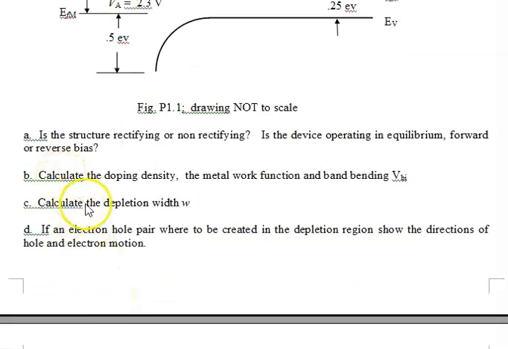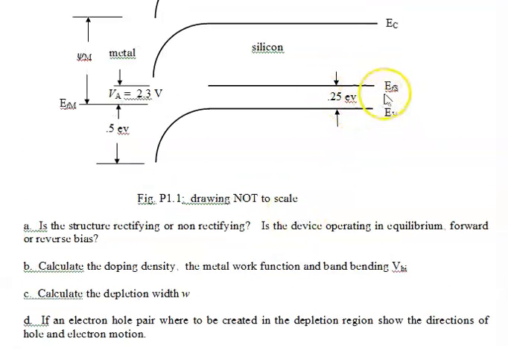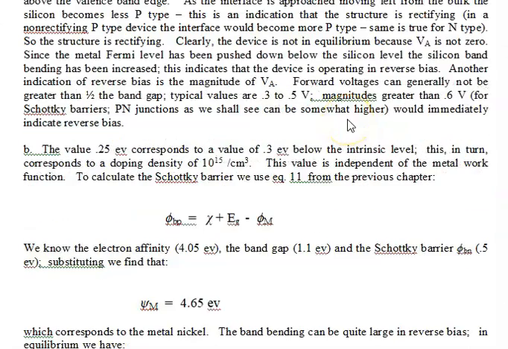Part B asks us to calculate the doping density. The doping density we're going to get from the position of the Fermi level, referenced either to the valence band or to the intrinsic. The intrinsic is up here. If it's 0.25 eV above the valence band, it's about 0.3 electron volts below intrinsic, and we've already seen that 0.3 volts below intrinsic corresponds to 10 to the 15th.